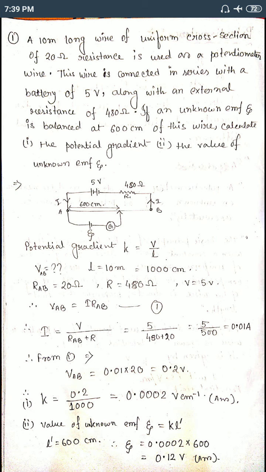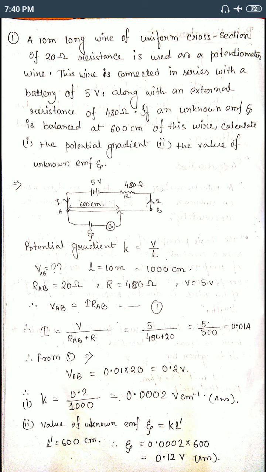When the current flows through this circuit, there are two resistances: one is the resistance of wire AB, another is the external resistance. So the total resistance is 480 plus 20, that is 500 ohm, and V equals 5 volt. So 5 by 500 equals 0.01. This much current will flow through the whole circuit.